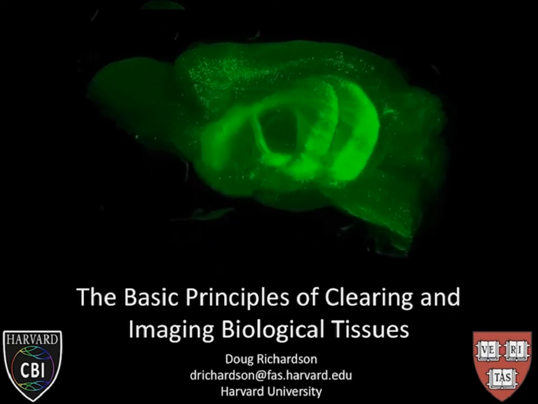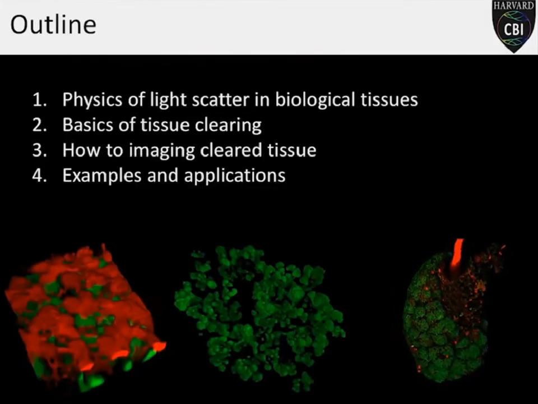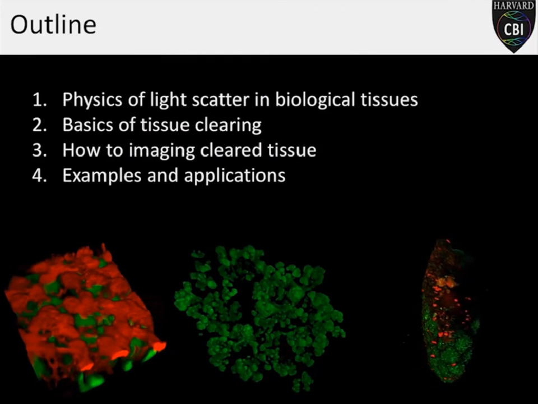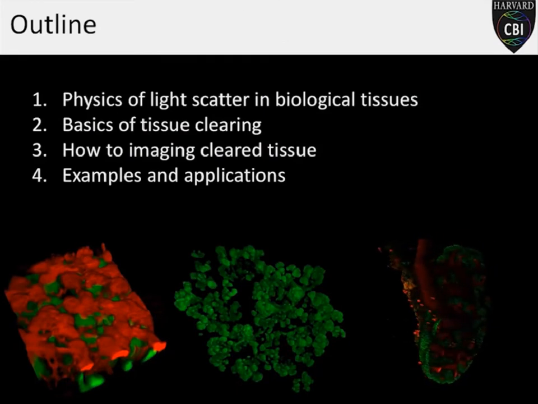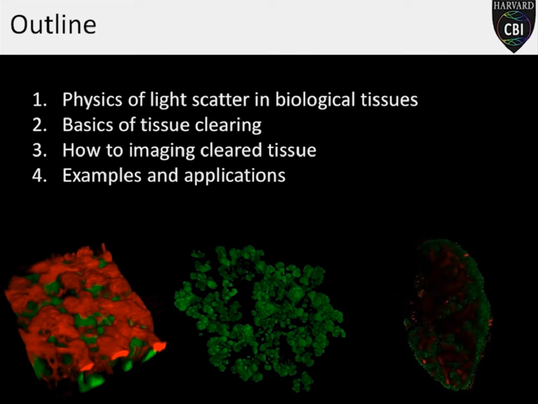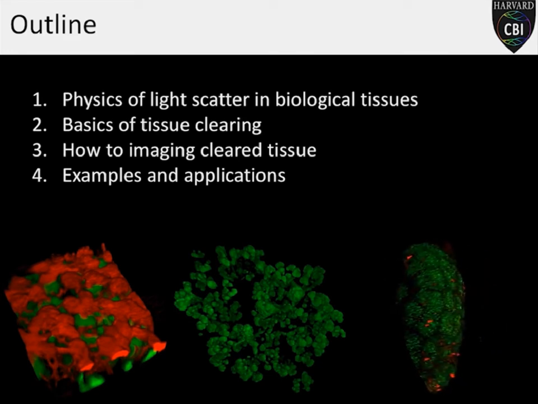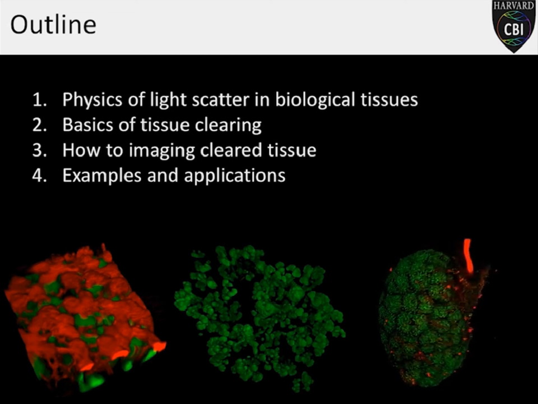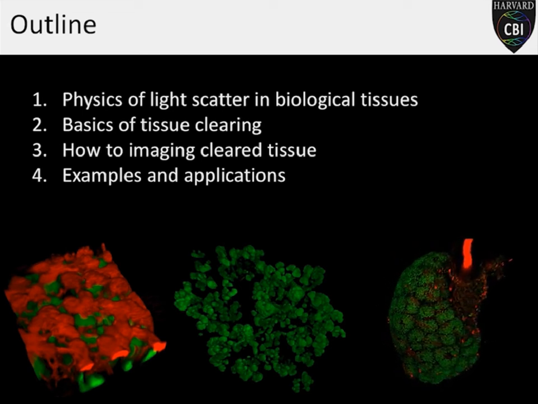Here's a quick outline of what I'd like to cover with you today. First of all, I'd like to talk about the physics of light scatter in biological tissues. After we've got an idea of what happens when light comes in contact with tissue and why that can be a problem when we're trying to image under the microscope, I'd like to move on to the basics of tissue clearing, so basically the molecular mechanisms behind the tissue clearing methods.